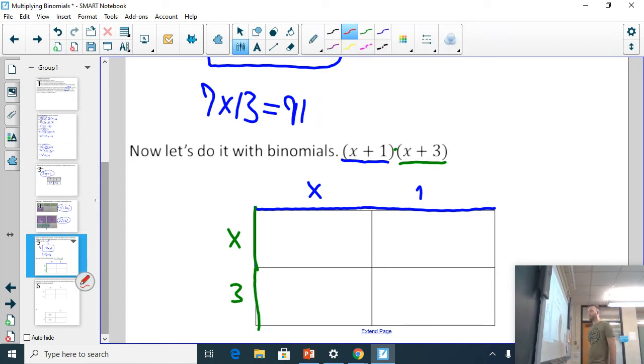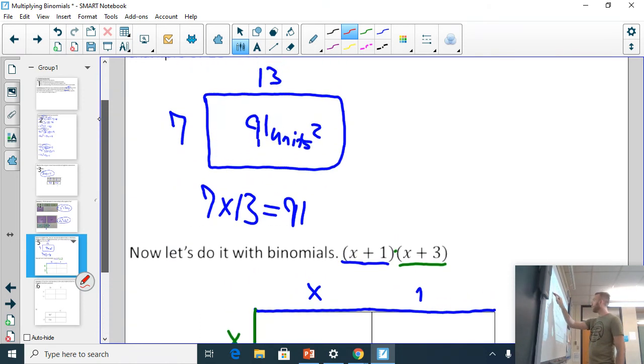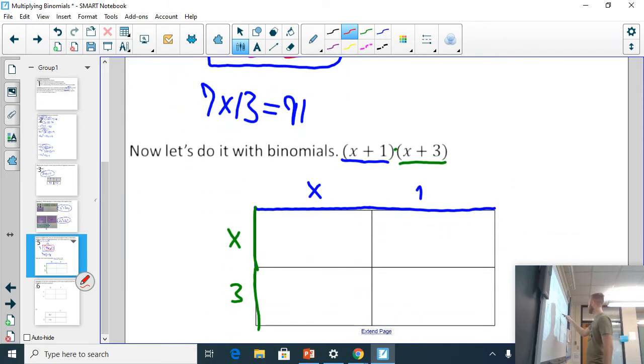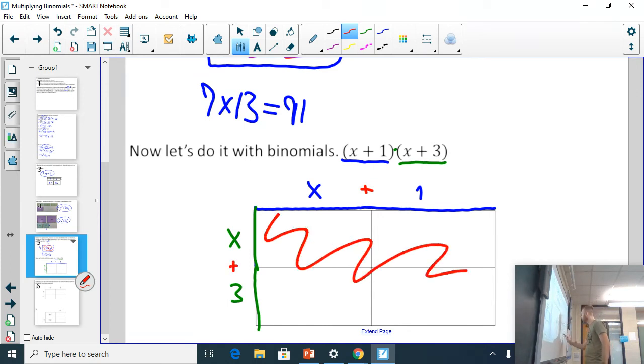So these areas added all up should be the total area of this huge rectangle all the way around, which would give us the answer, right? 13 times 7 is 91. And so this area gets us what 13 times 7 is. And so if we're multiplying x plus 1 and x plus 3, this area should give us the end result, right?